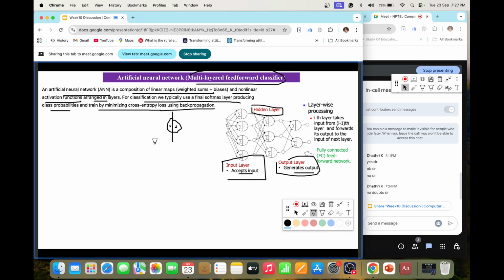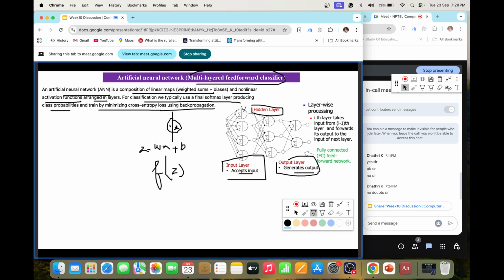In the first part we have wx plus b. In the second part the function takes place: this is only z, and in the second part we get f(z). So f(z) is the output of a particular neuron.